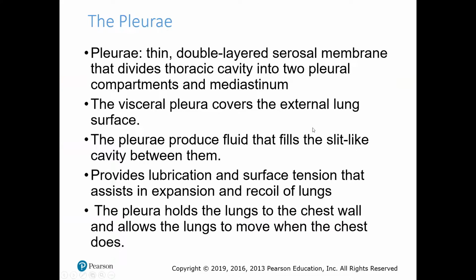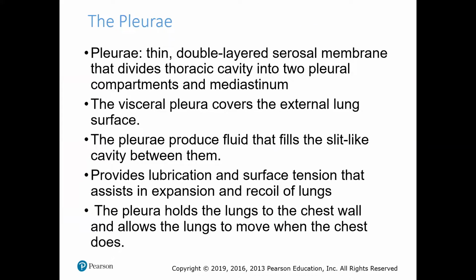A couple other points: the pleura, that's the serous membrane that surrounds the lungs. Each lung is surrounded by what's called the visceral pleura. It's a serous membrane, and the visceral pleura is covered by the parietal pleura.